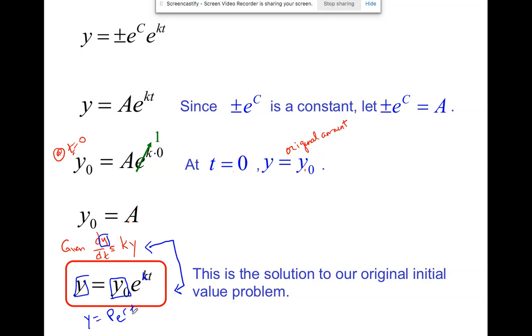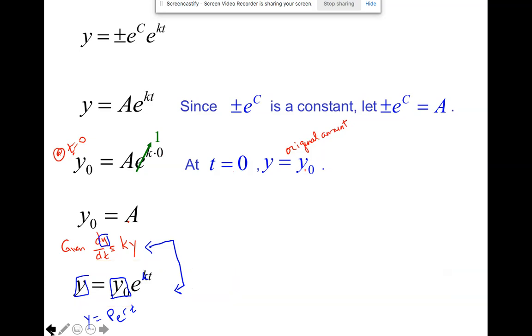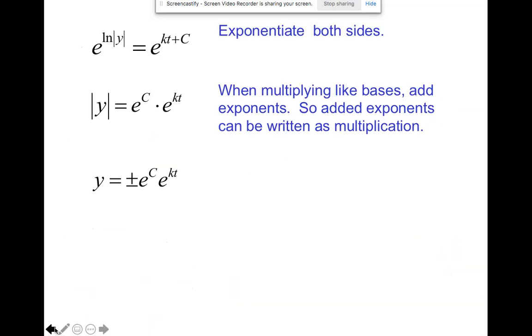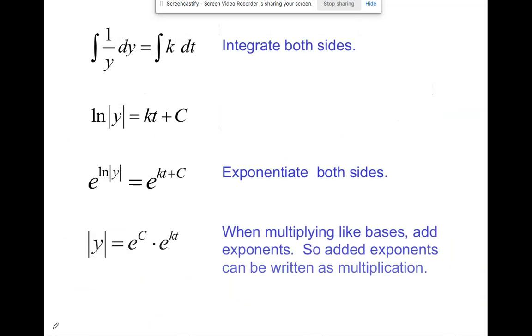And by the by, e did come naturally out of this math. Do you remember where e came from? e came from the fact that I had a separable differential equation where I ended up with y to the -1 on one side. Integrating y to the -1 gives me an ln. Trying to isolate y out of ln meant I had to e.